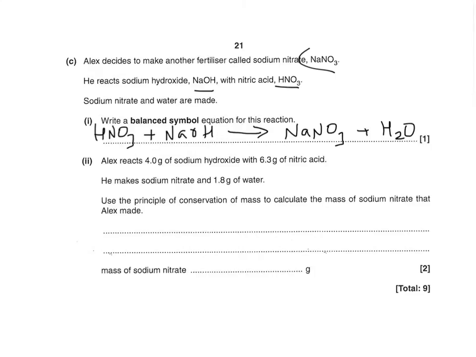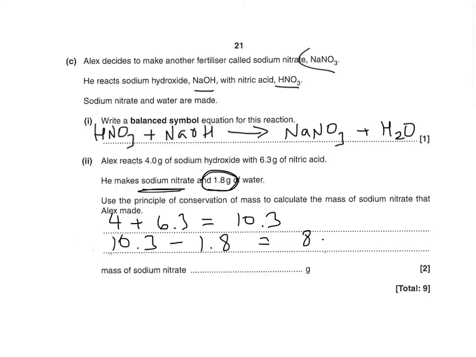So first work out how much you start with, which is 4 plus 6.3, which is 10.3, and then whatever is left after the 1.8 grams of water, that'll be your sodium nitrate. So you do 10.3 take away 1.8, and that gives you 8.5, and that is the amount of sodium nitrate that's made. So the mass of everything at the end will equal the mass of the stuff at the beginning.